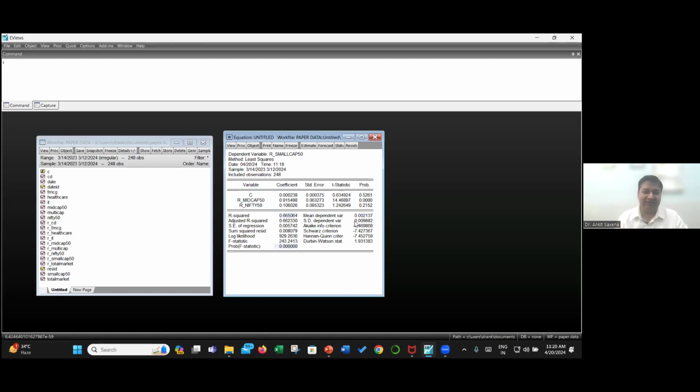Then if we are comparing different models, we can compare these criterion values. We'll discuss that in the session today. And normally I've seen people ignore the AIC, HQC criterion and then the Durbin-Watson statistic. If this value is appropriate, why not comment on it? So we need to comment on it.